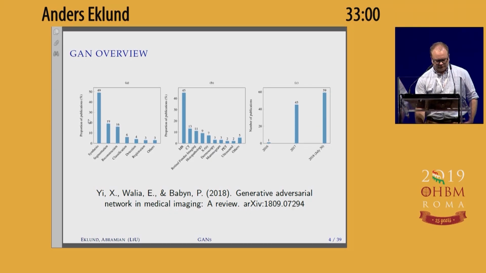And the most common application is synthesis of new data, but you can also use image-to-image GANs for segmentation. You can use it for reconstruction, classification, and so on. It seems like the most popular modality is MRI, maybe because you have so many submodalities, but GANs are being used for many different types of medical images.